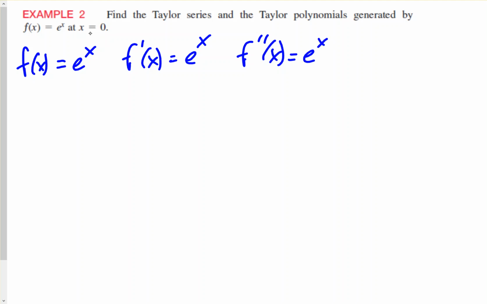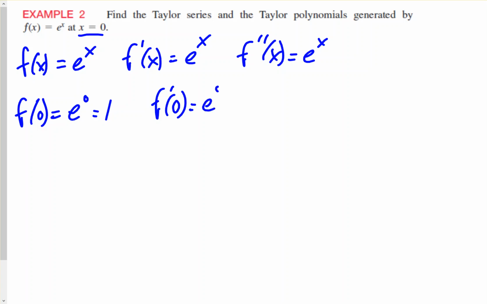And now if we're evaluating at x equals 0, so that means we have f of 0 equals e to the 0. E to the 0 is 1. F prime of 0 would also be e to the 0, which is 1, and so on and so forth.